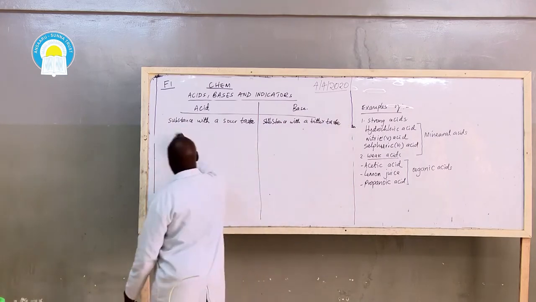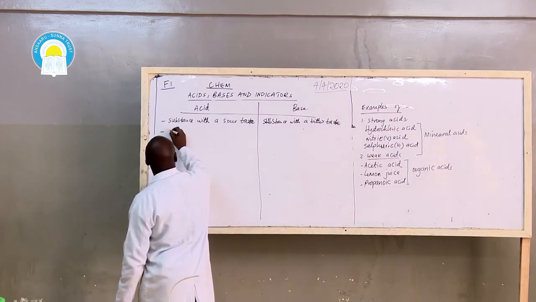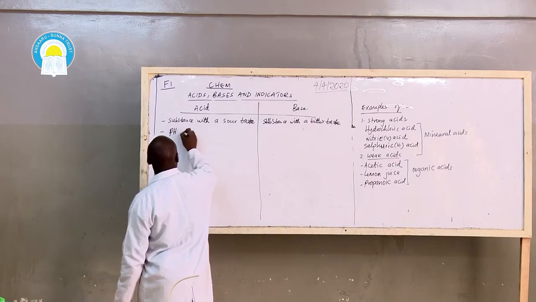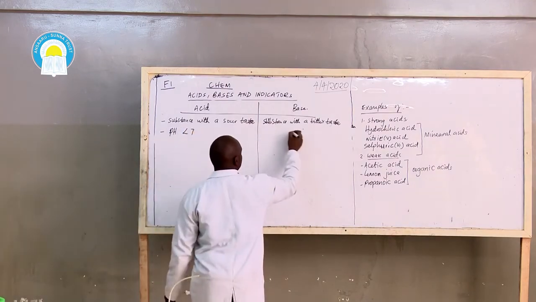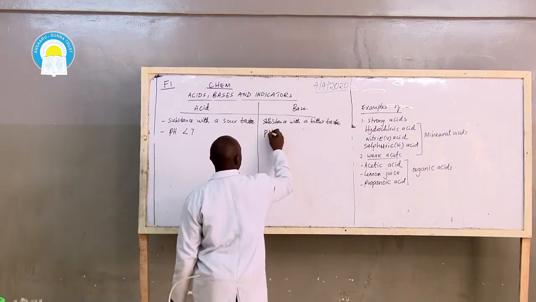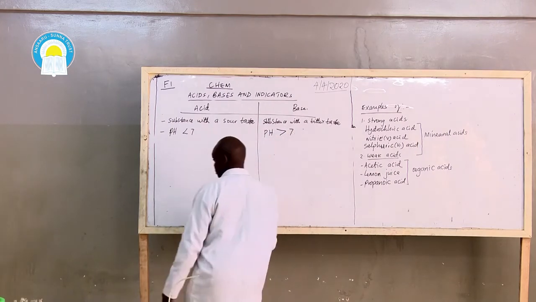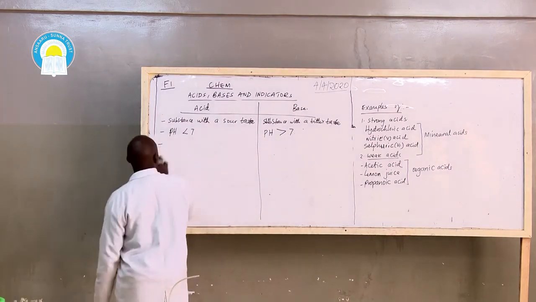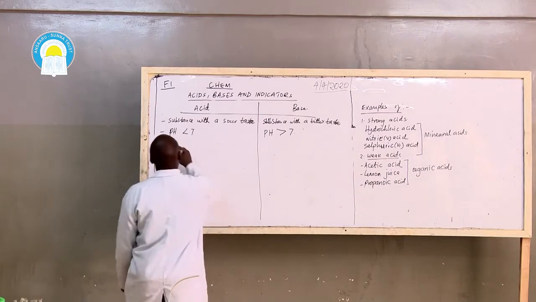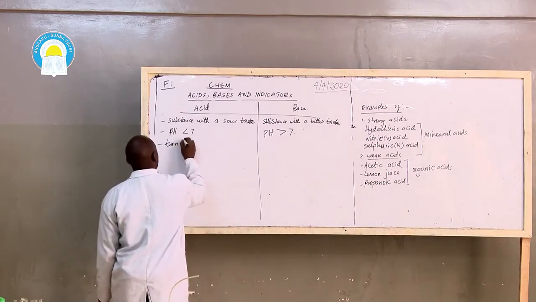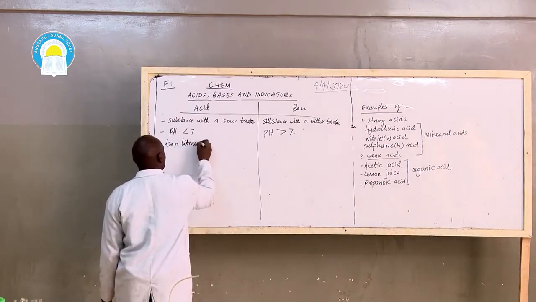An acid is any substance with pH less than 7, and a base is a substance with pH greater than 7.